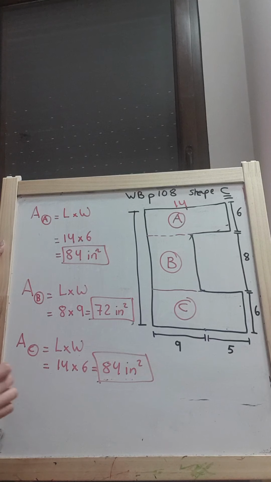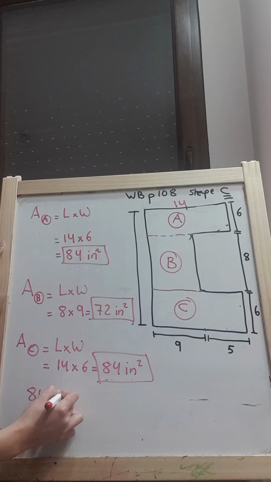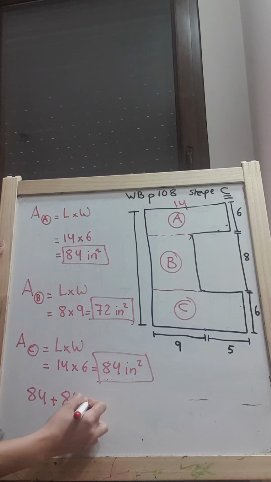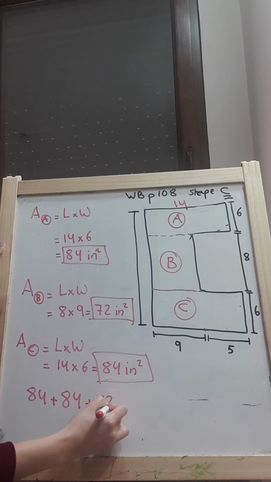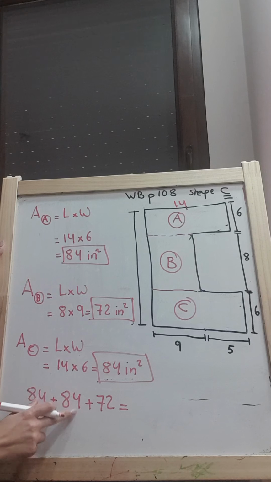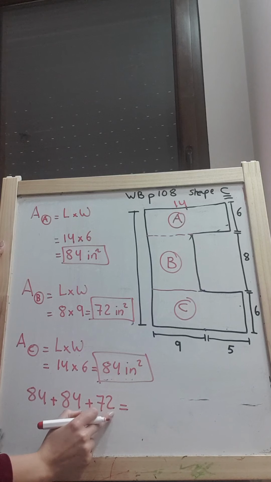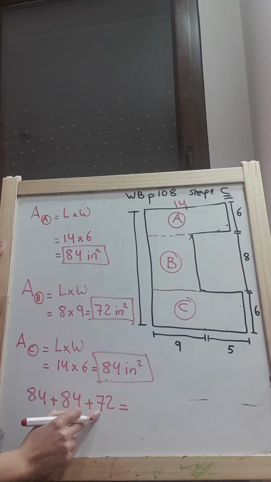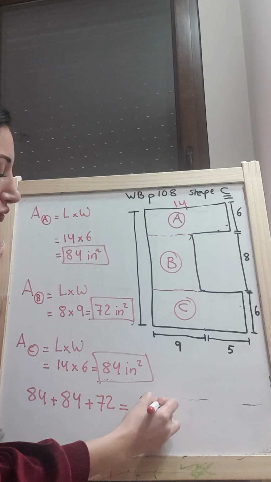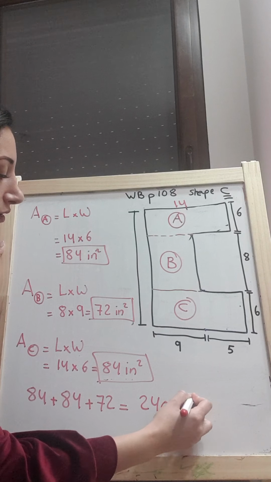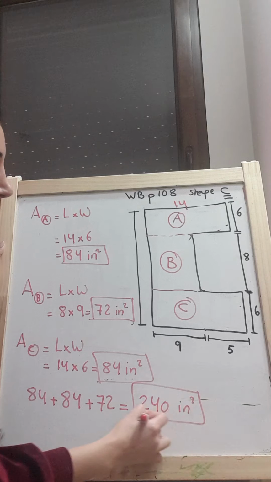Now, let's add them together. 84 plus 84 plus 72. 84 plus 84 is 168 plus 2, 170, plus 70 is 240. 240 inches squared.